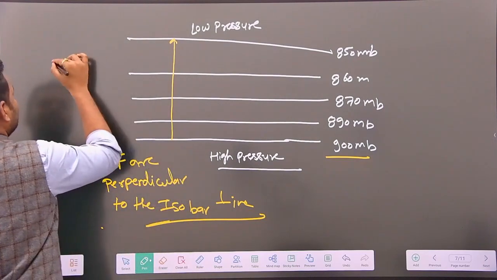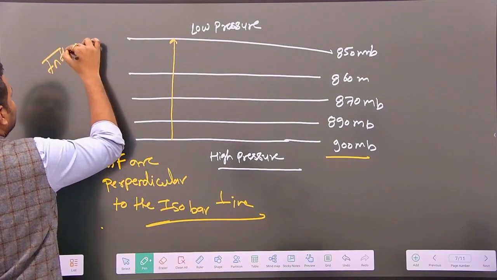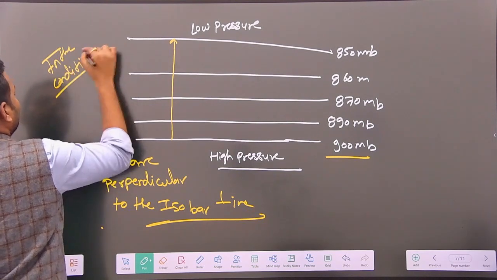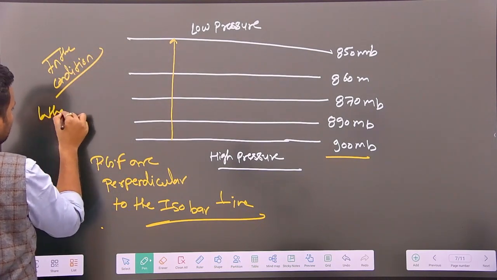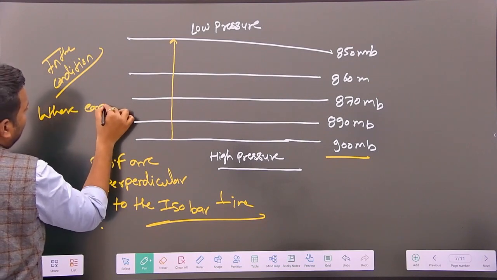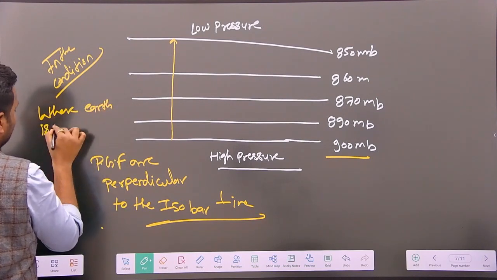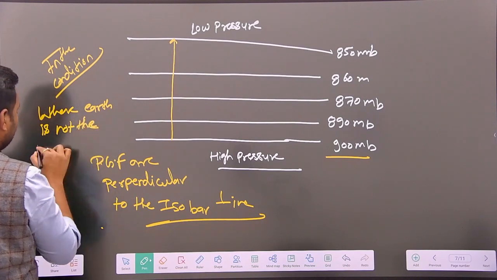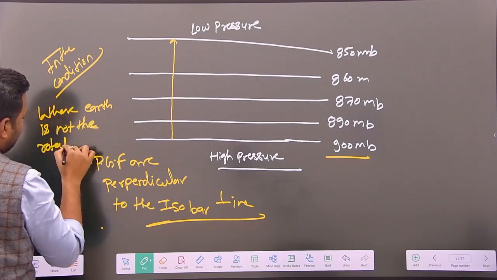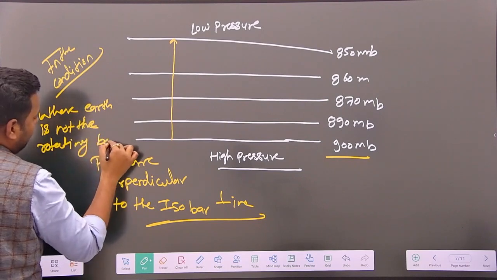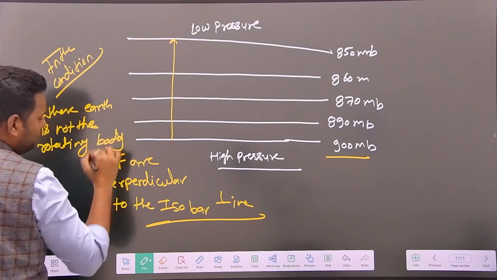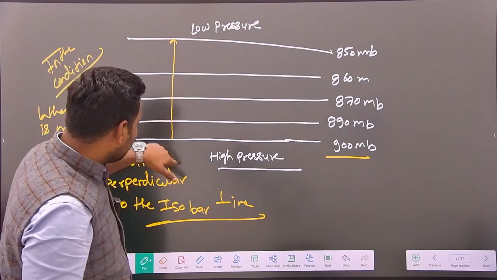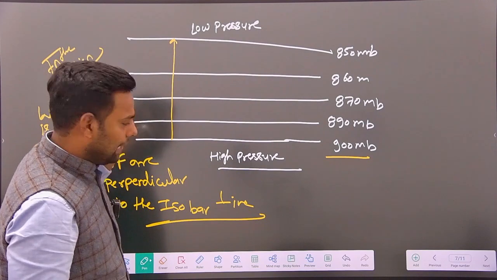In the condition where the earth is not a rotating body, I hope that will clear, the pressure gradient force is perpendicular to the isobar line.